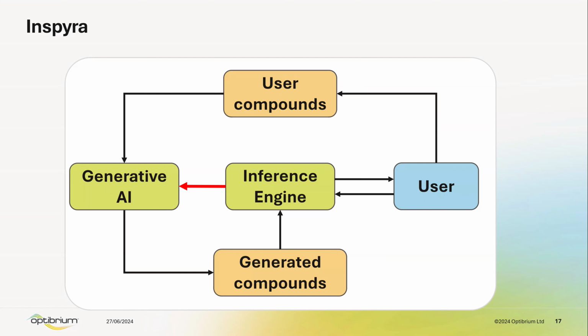And this gives us two things. Firstly, it gives us better compounds, ideally compounds matching what the user is looking for, rather than randomly generating compounds and then filtering them down. But it also gives us a really nice way for humans to control this generative process. You can train a generative AI to optimize for any number of parameters, but it's always going to compromise on parameters outside that specification.